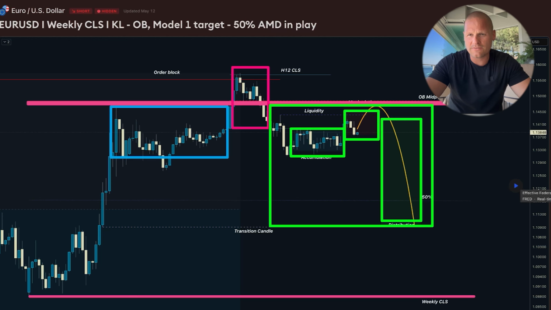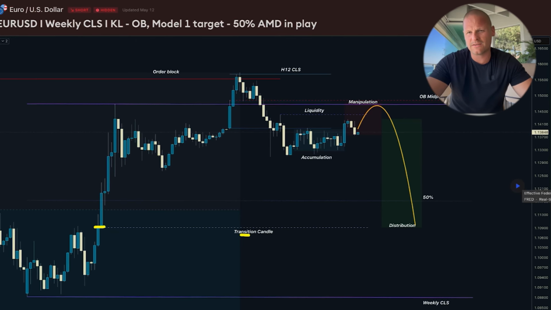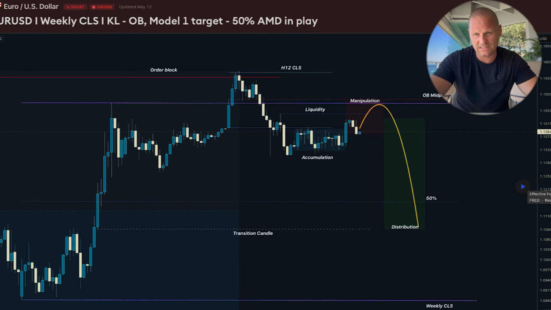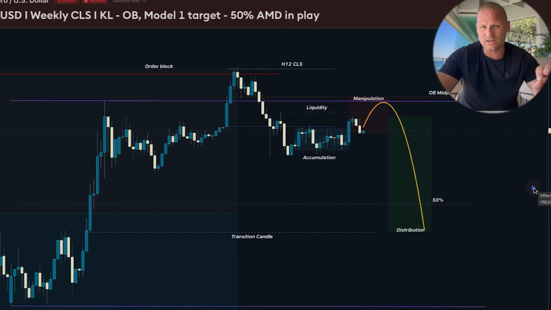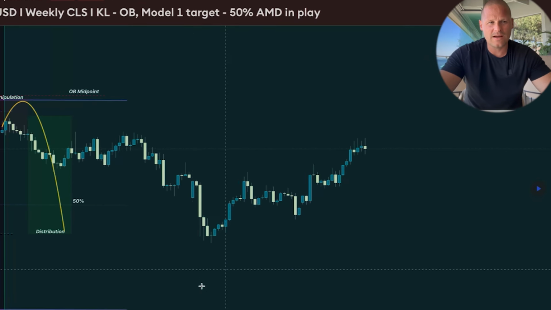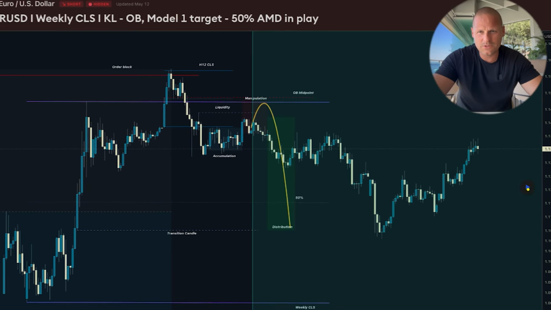Now, let me show you something else. I have highlighted this low as a transition candle. It's a specific level which has a high accuracy and acts as a liquidity, and price often goes in there. So let's look at how it played out in here, right? So you see price has come exactly into this level and reversed there, right? Look what happened next.